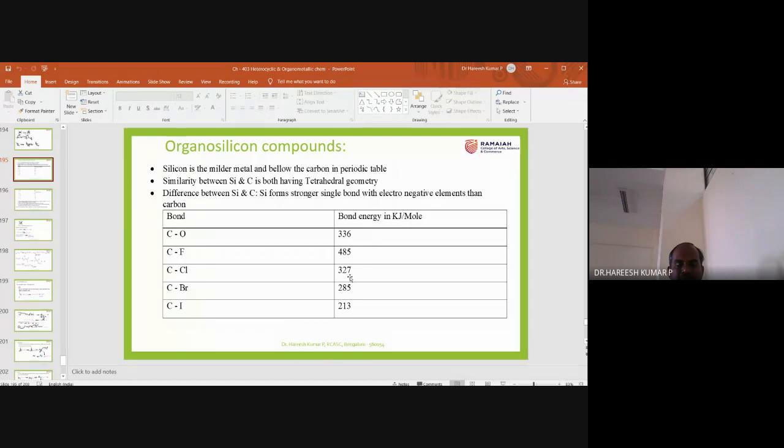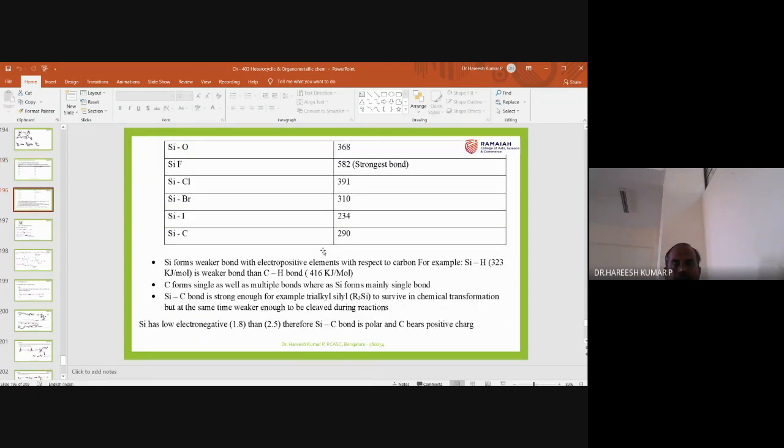The next slide will give you the information about the bond energies of silicon and other elements. So look here. Silicon and oxygen is around 368 kilojoules per mole. Silicon and fluorine, you can observe 582. So what does it mean?